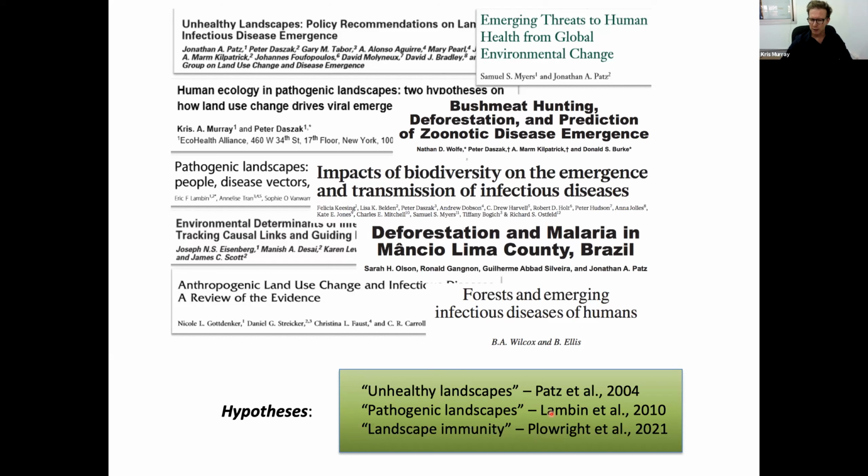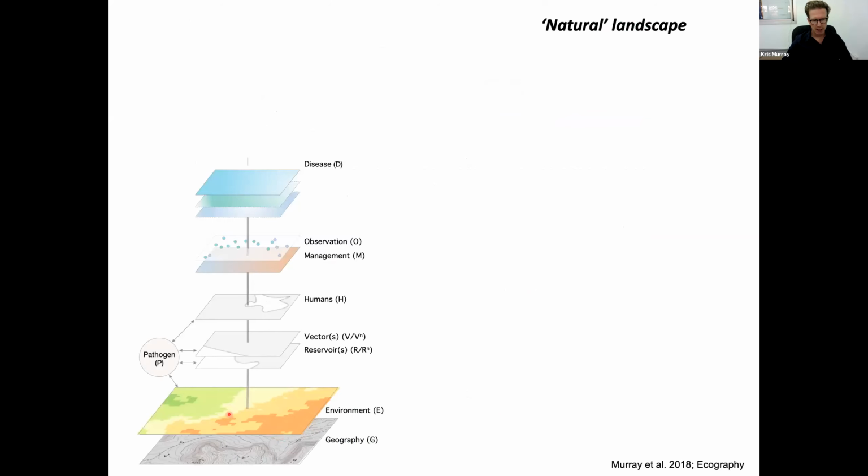And this has broadly been phrased by a couple of different authors as the unhealthy landscapes or the pathogenic landscapes or landscape immunity type hypotheses. So I'm going to try and break that down a little bit.